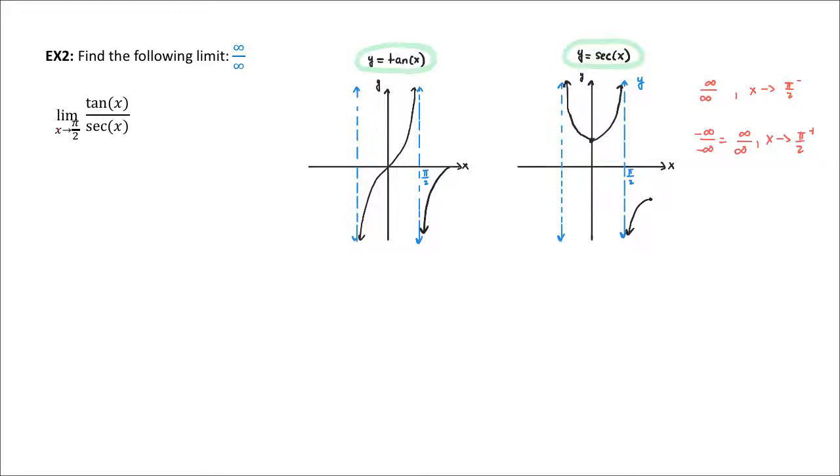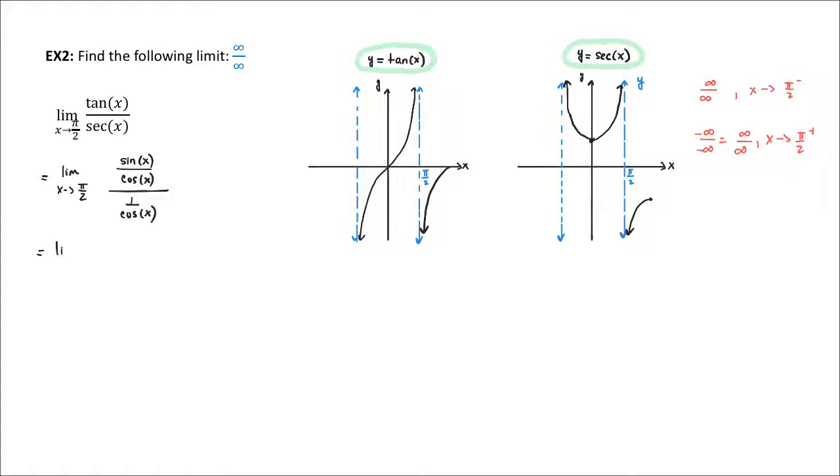As soon as you see tangent and secant, you have to think about re-expressing tangent in terms of sine and cosine. And the same thing with secant, re-expressing it in terms of cosine. We can write limit as x approaches pi over 2. Tangent, we know, is sine x divided by cosine of x. All this divided by 1 over the cosine of x.